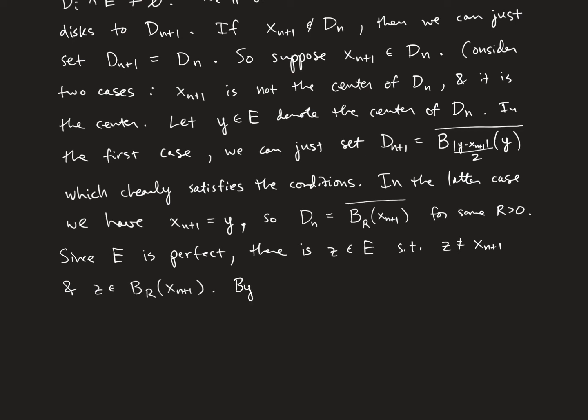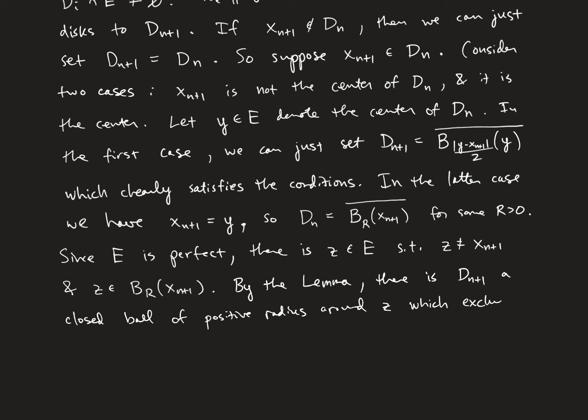So by the lemma, there is some closed ball Dn plus 1 of positive radius around z which excludes xn plus 1 and is contained in this ball.